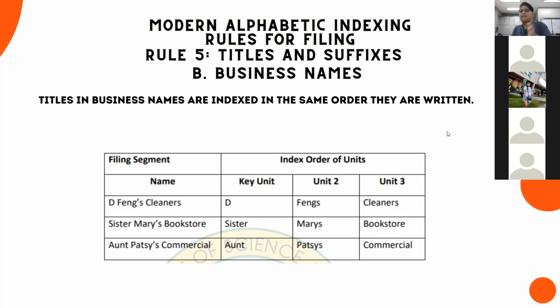It is not limited to 2, 3, or 4 columns; it is unlimited, based on the long name of the business. So you can make index units with 7 columns or 6 columns, depending on your partner company or business.